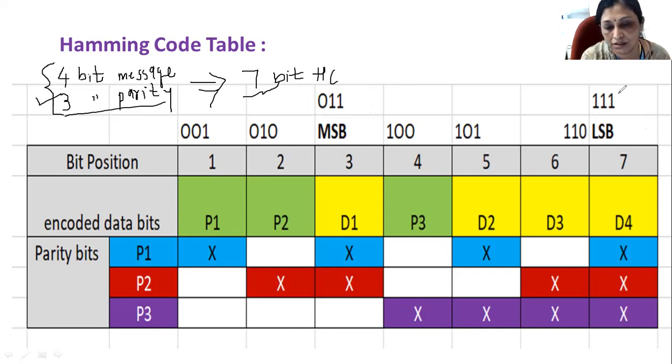Okay, so this 7 is your LSB, and this 1 is your MSB.